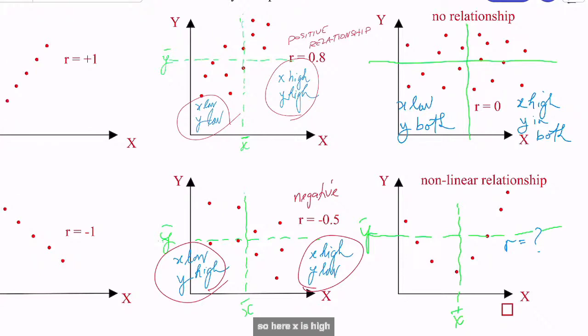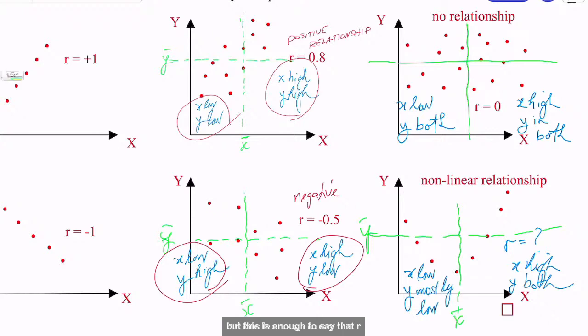So here, X is high. When X is above its mean, where's Y? It's in both. And here, when X is low, Y is mostly low. But this is enough to say that R is close to 0.